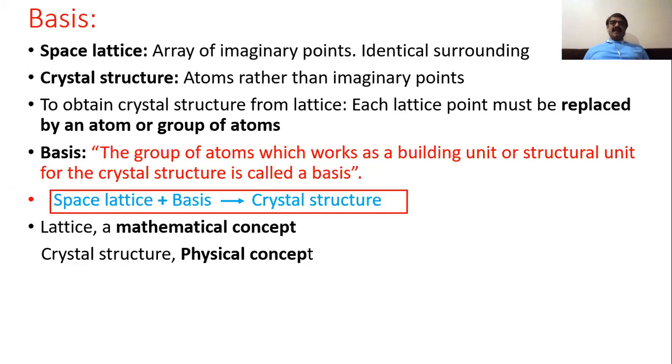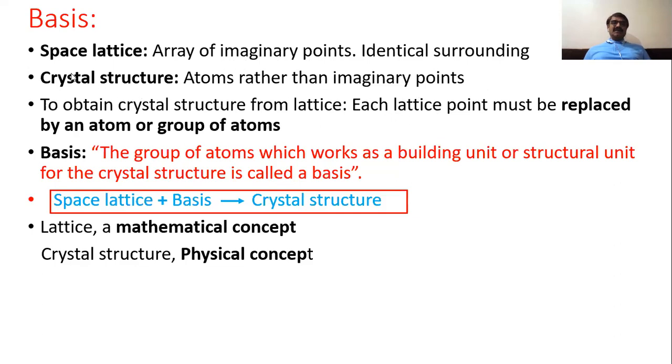On the other hand, crystal structure consists of atoms rather than imaginary points, while space lattice is an array of infinite number of imaginary points.